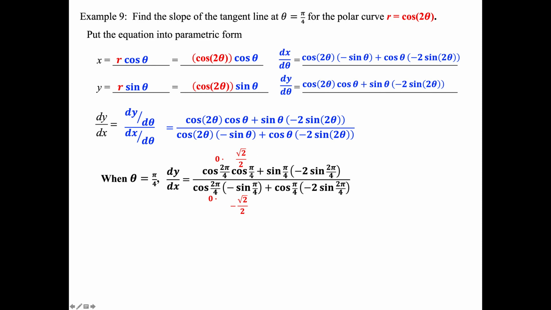But here, cosine of pi over 4 and sine of pi over 4 are radical 2 over 2. You'll get the same thing here. Sine of 2 pi over 4, those are both 1s. So times that negative 2. Top and bottom are exactly the same. So our slope of our tangent line at theta equals pi over 4 is 1.